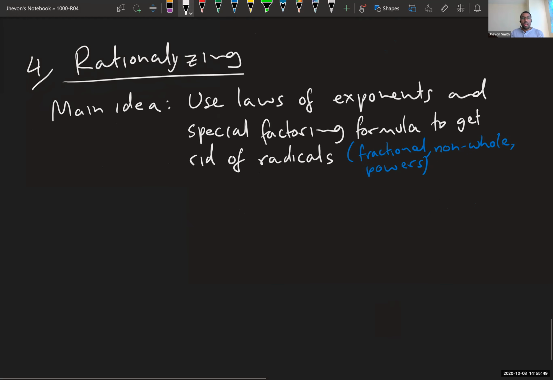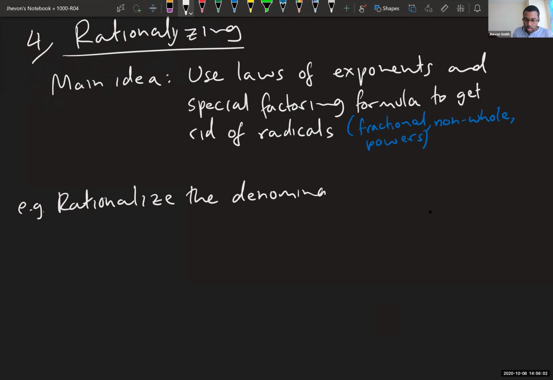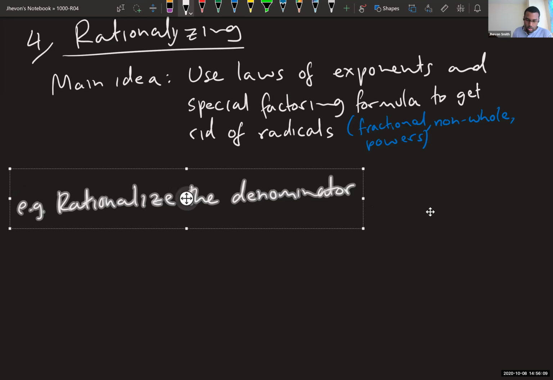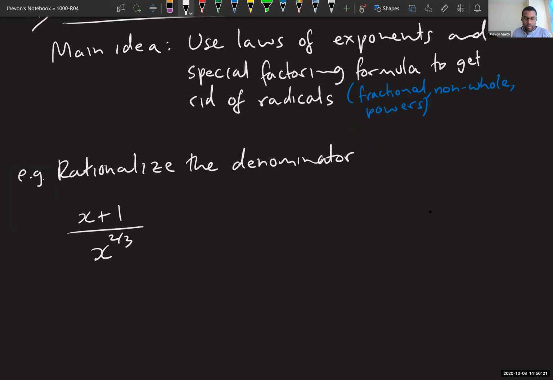Right, so there could be a bunch of situations that you can find yourself in there. So for example, I can ask you to rationalize the denominator. I could say something like, okay, I have x plus 1 over x to the 2/3, right?